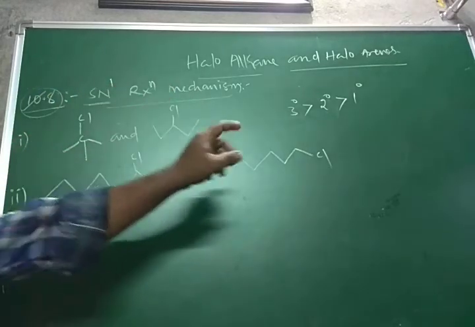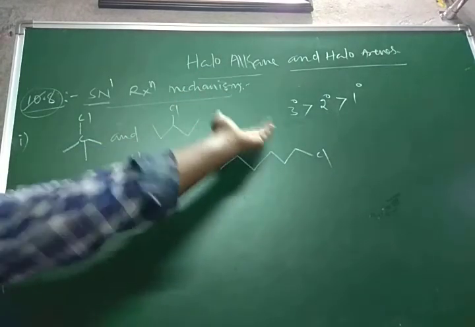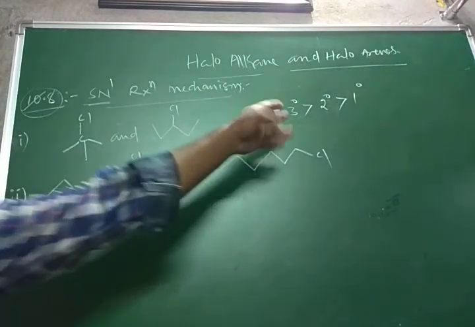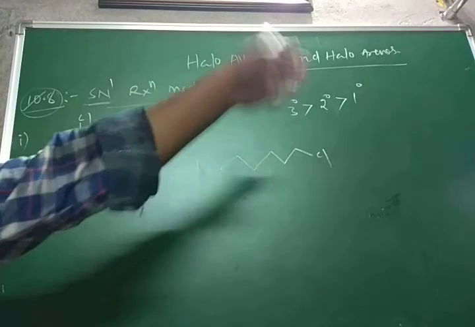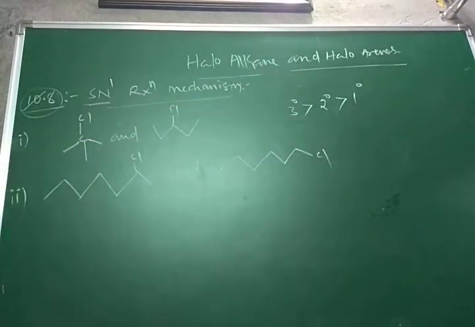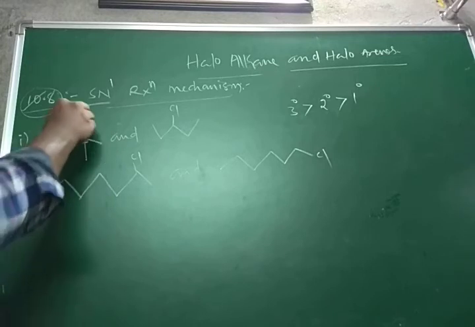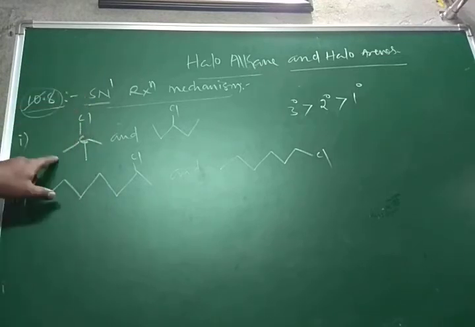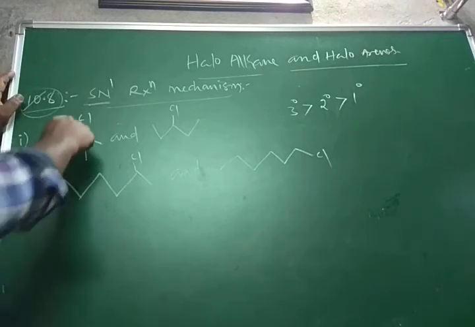Tertiary is greater than secondary is greater than primary. That means tertiary carbocation is more stable than secondary carbocation, which is more stable than primary carbocation. Here, in this compound, carbon has 4 bonds. This one is methyl, methyl, methyl, otherwise compulsory methyl only, and chlorine.